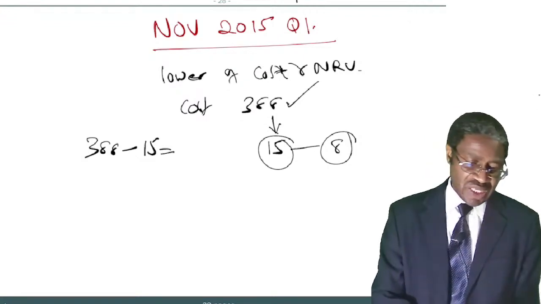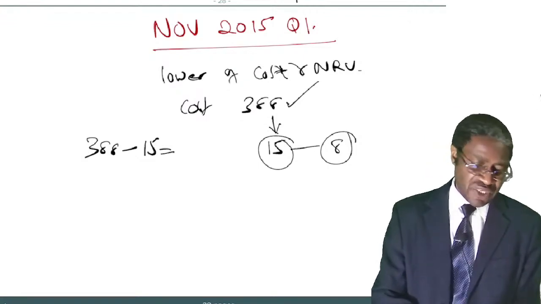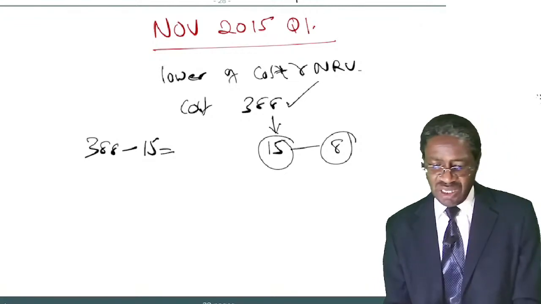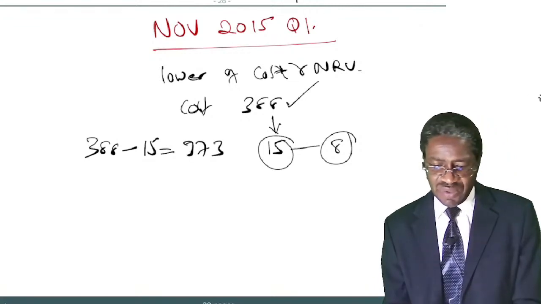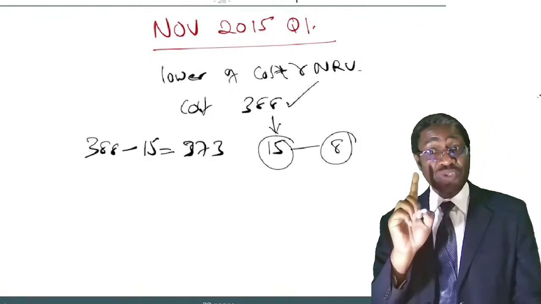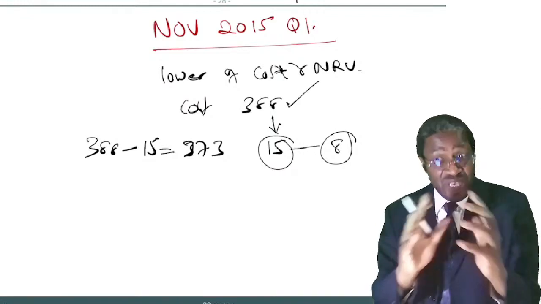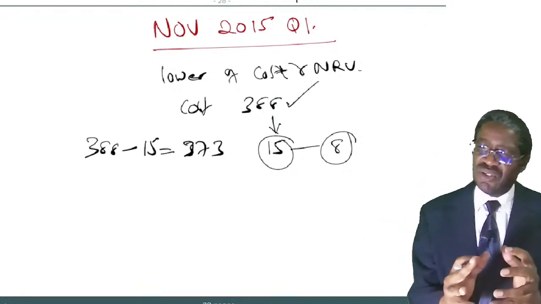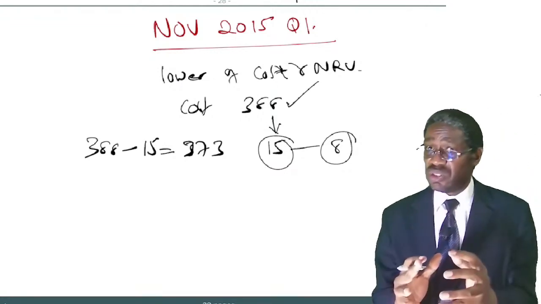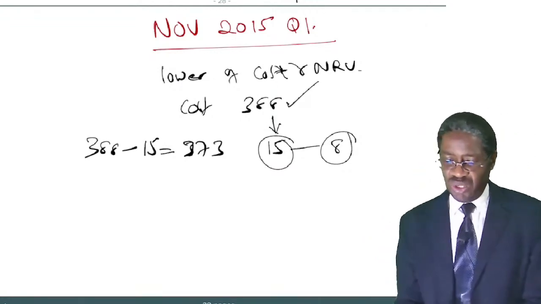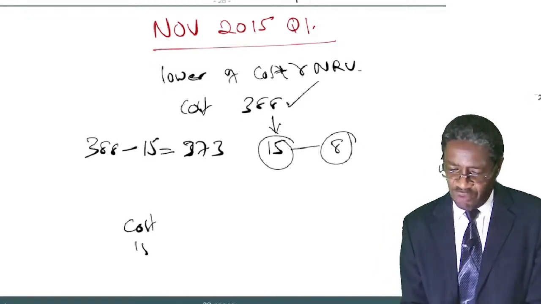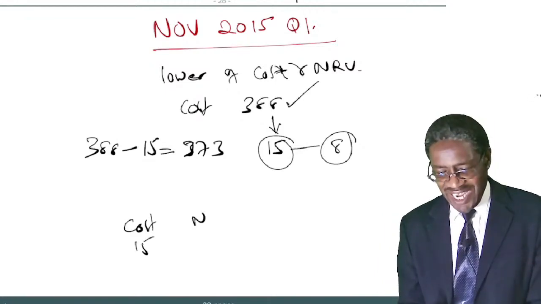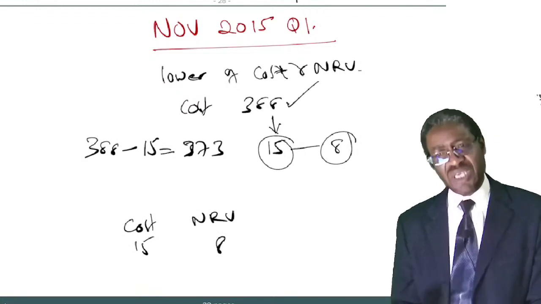If I minus 15 from 388, that will give me 373. That is a bunch of stock that does not have issues. Then you remain with this second bunch which has some issues. What is the issue? It has a cost of 15, and it has a net realizable value of 8.